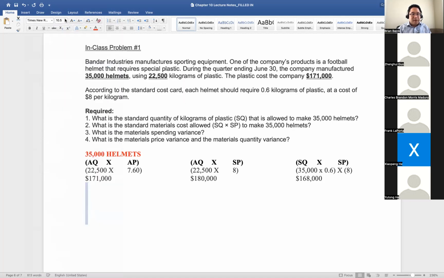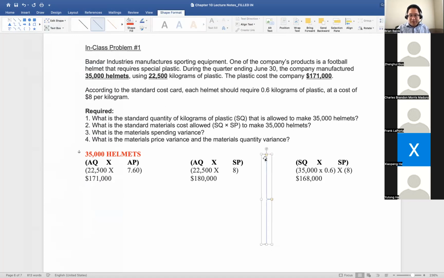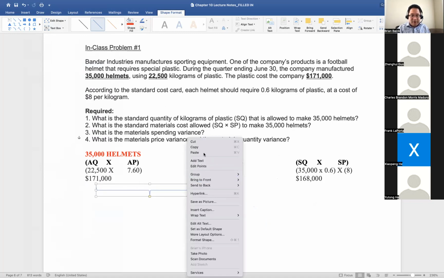All right, then comes my favorite part. We're going to figure out the variances. We're going to figure out the difference between the first and the second number. That's going to be one variance.